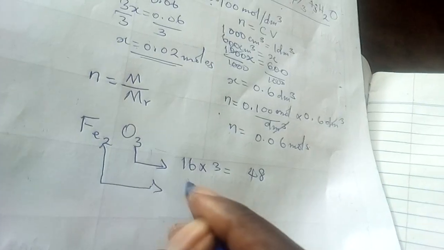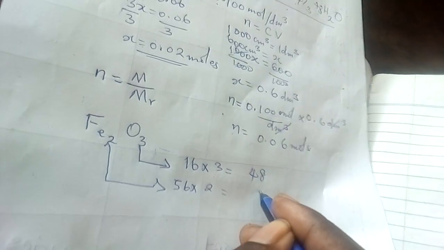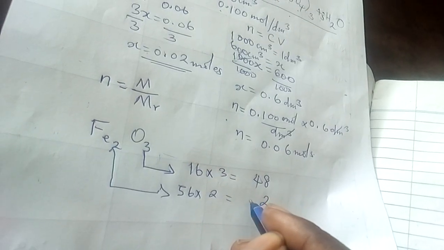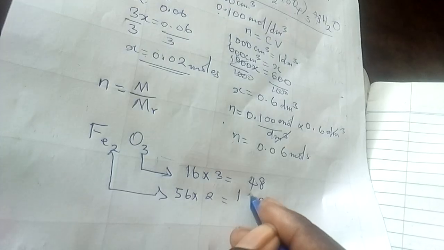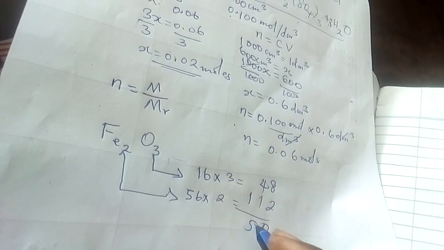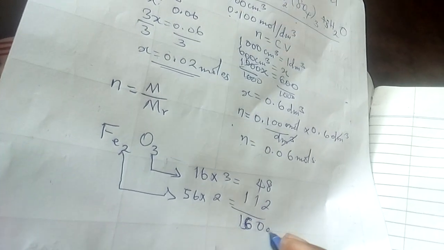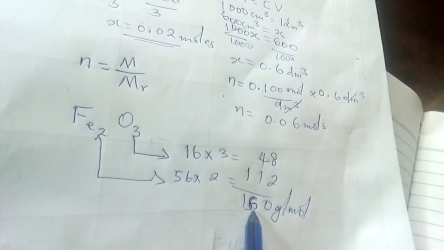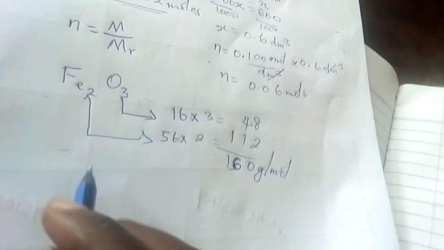Then iron is 56 times 2, which will give us 112. So it is 160 grams per mole. This is the molar mass of iron 3 oxide.